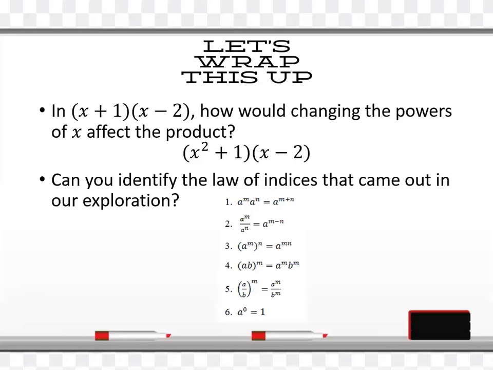And if we multiply that same x squared times negative 2, we would get negative 2x. Now, if we should also distribute the 1 from our multiplier, it means that we're multiplying 1 times the x in our multiplicand, and that gives us a positive x. And 1 times negative 2 gives us negative 2.